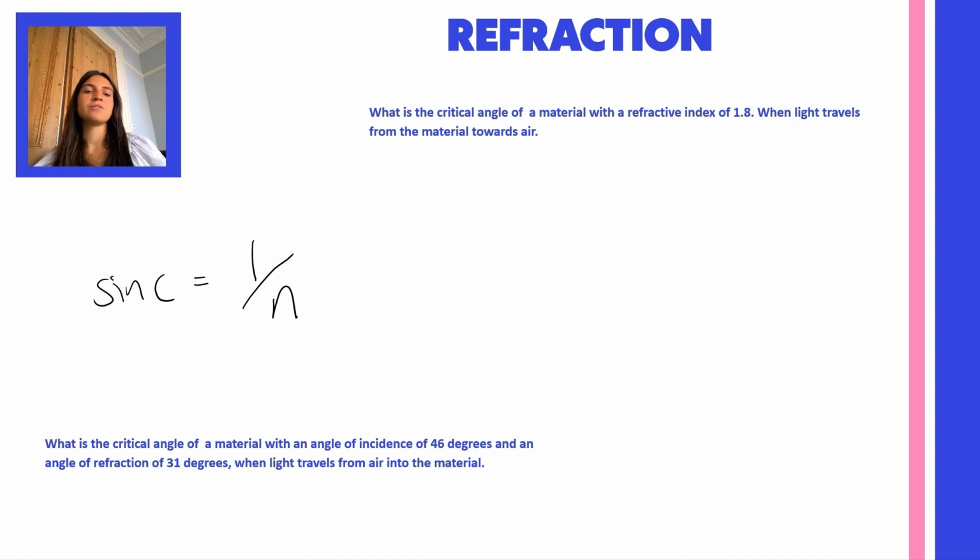And this equation is valid when you have your light going from that material towards air. Okay, so if it was your material and then another different material, actually this equation wouldn't be valid anymore. N is equal to 1.8 here, and sine C is therefore 1 divided by 1.8.